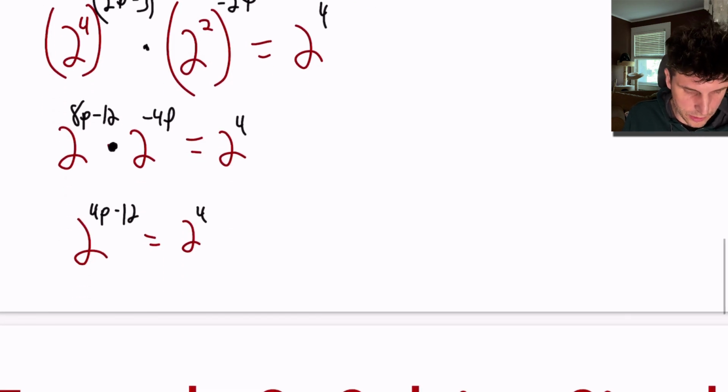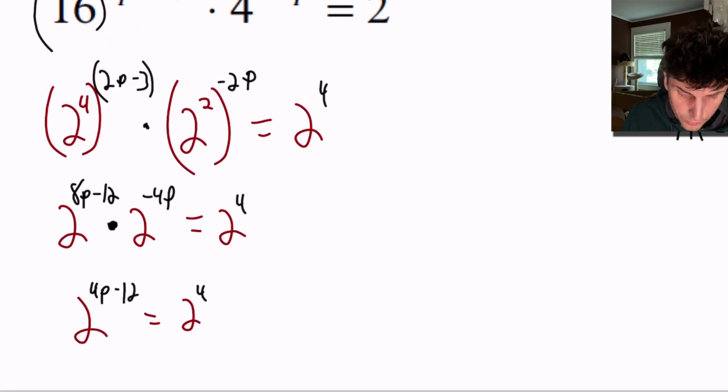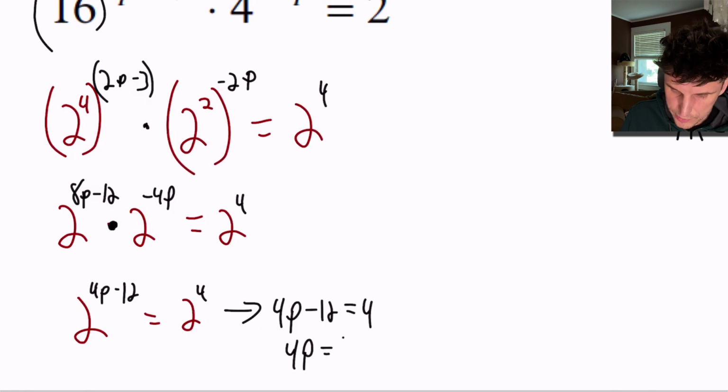And then we go ahead and just have a simple equation. We can just say that 4p minus 12 equals 4, 4p equals 16, and then we know that p would have to equal 4.